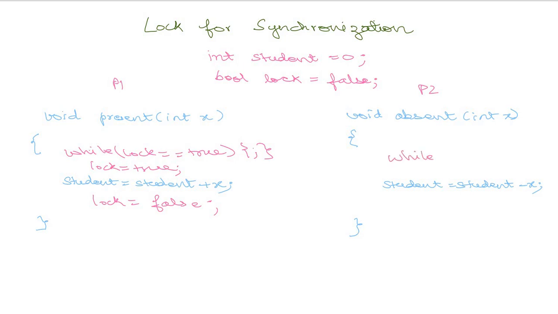Similarly here also we'll declare the same thing. While lock equal true, we run an infinite loop, then we do lock is equal to true, and here lock is equal to false.